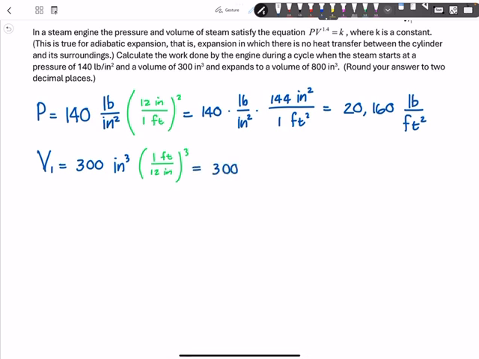So 300 inches cubed times 1 foot over 12 inches, cubed. We need to divide 300 by 12 cubed, and that gives me 25 over 144. Just in case this is not clear, the inches cancel out very nicely here, and so this will be measured in cubic feet.